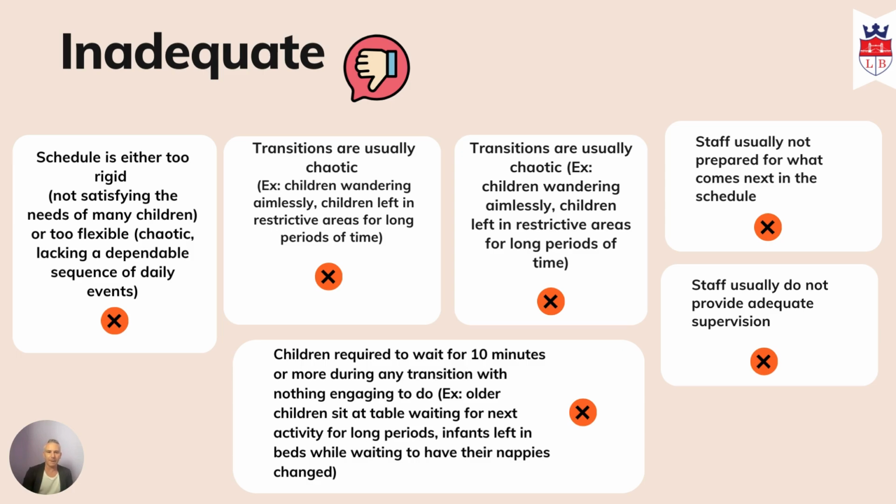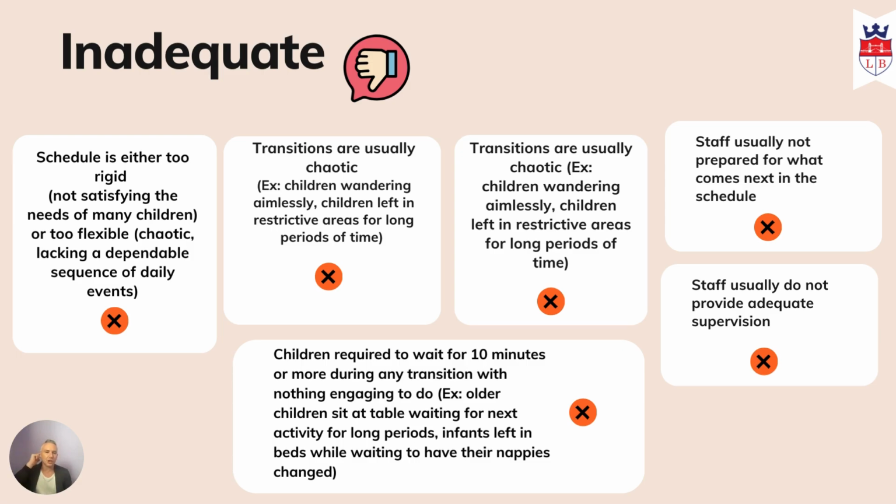So that might mean that staff are too busy trying to organise things and maybe have their back turned to children while they're working on something on the worktop, and during the schedule and transitions, they're providing inadequate supervision. So if that describes your classroom practice, you are coming out at a number 1 on the ITERS scale and inadequate.